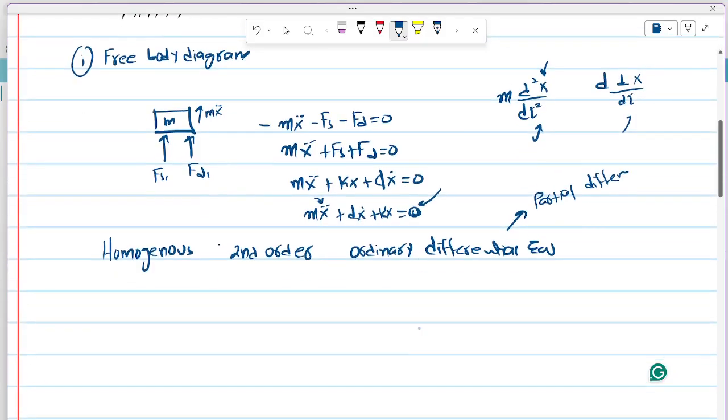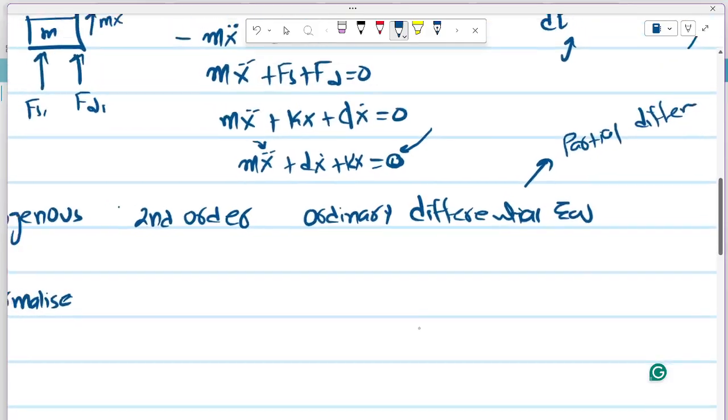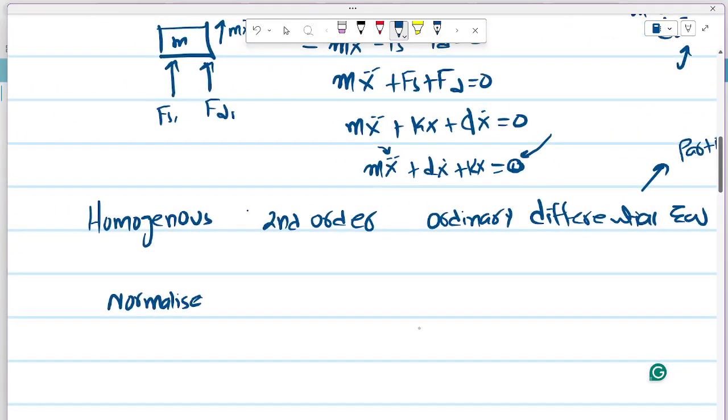Now that's the standard form of the equation. For the purpose of studying mechanical vibrating systems, we try to normalize the equation. Normalizing means we try to get the equation in the form of uniform terms, or dimensionless quantities, that can be used to classify the mechanical system. So in this case, we divide the whole equation by m.